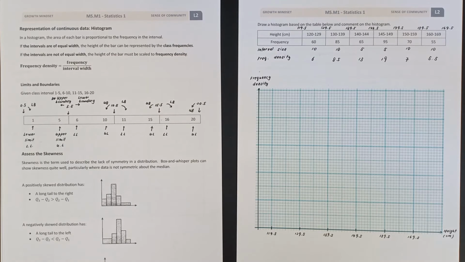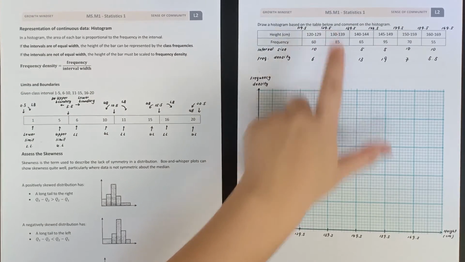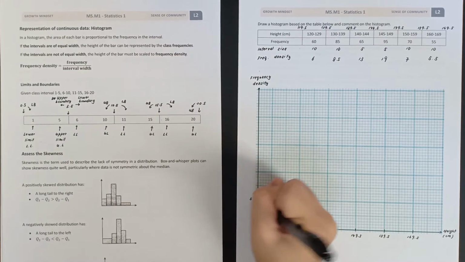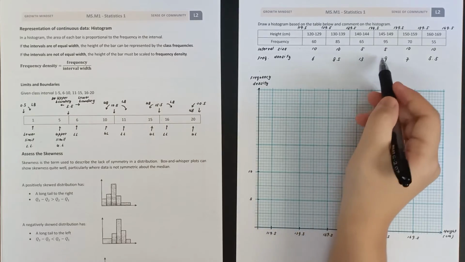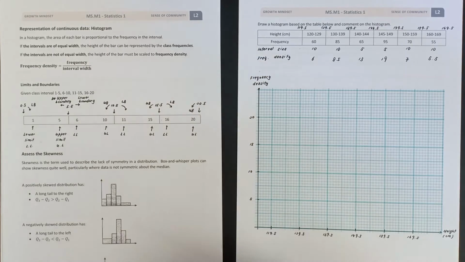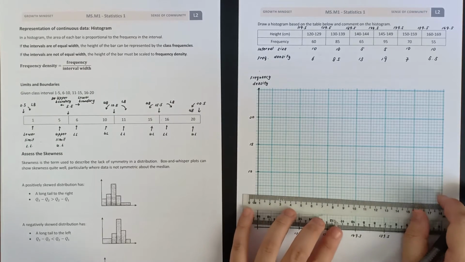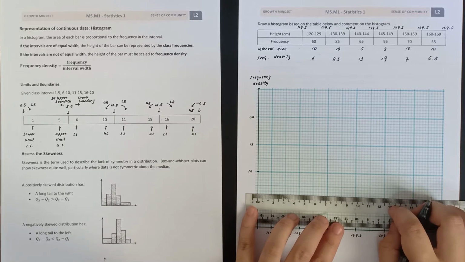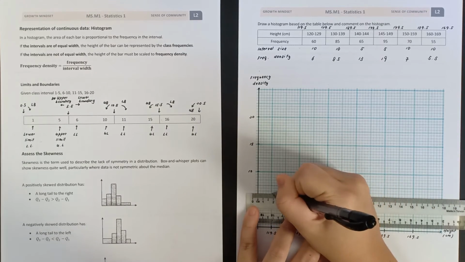Okay, then now you can start to plot. You must remember the width is 10 here, so you might need the 144.5 later. You are going to plot in between. We start with the 6 here, for 119.5 to 129.5 is going to be 6. Since the max is 19.